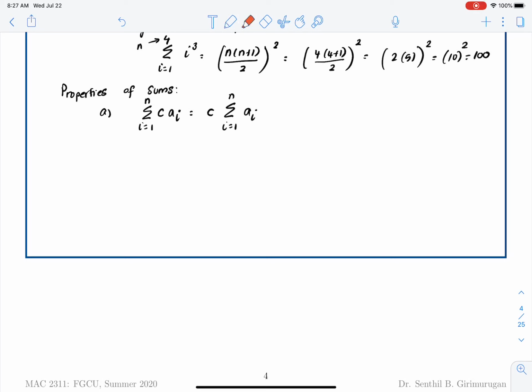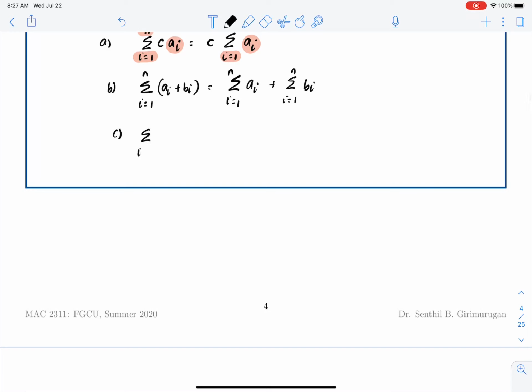Keep in mind the index is from i equals 1 to n, so it is going to only affect the term that has i in it. So the c, which is a constant, will simply come out. If we have sum i equals 1 to n of a_i plus b_i, then we can split it up and write it as sum i equals 1 to n of a_i plus sum i equals 1 to n of b_i.